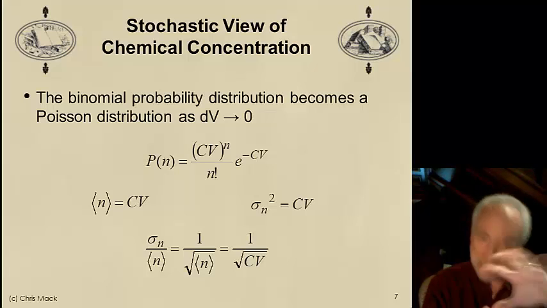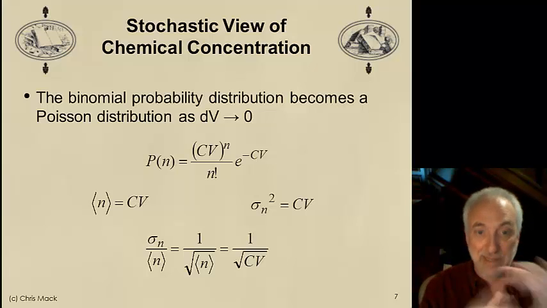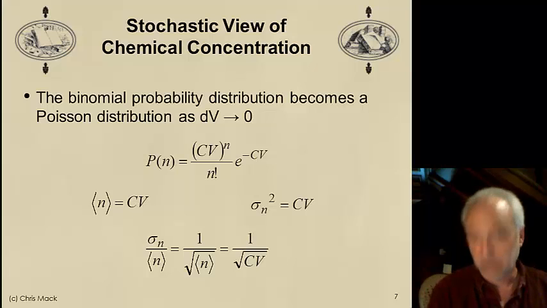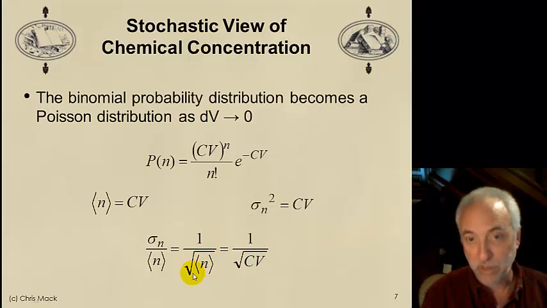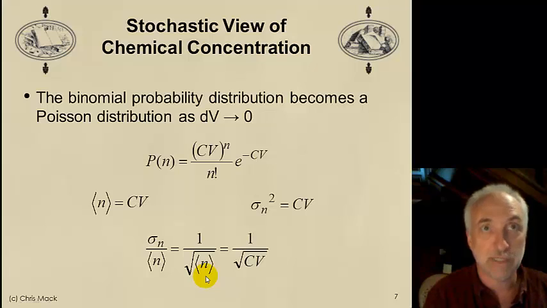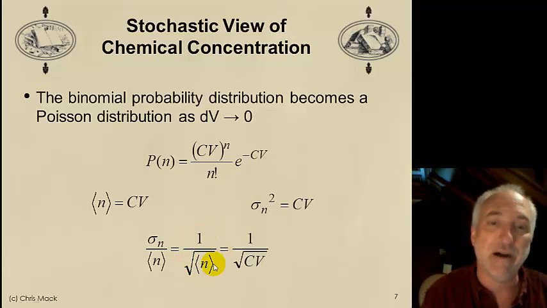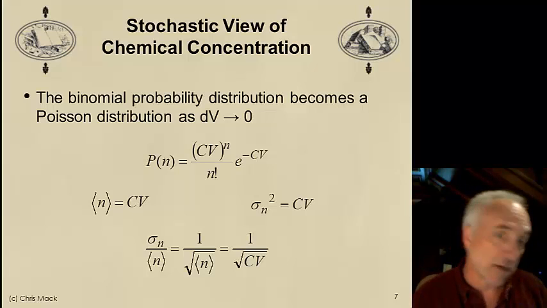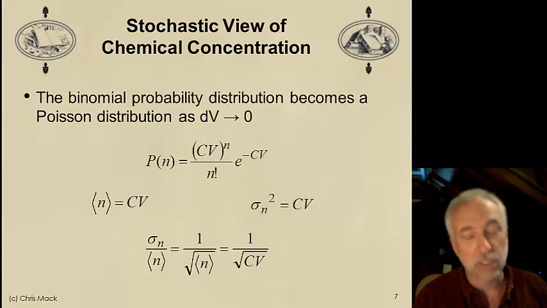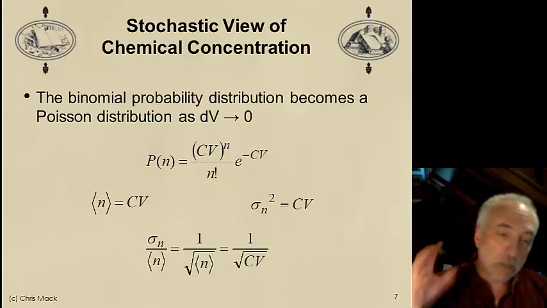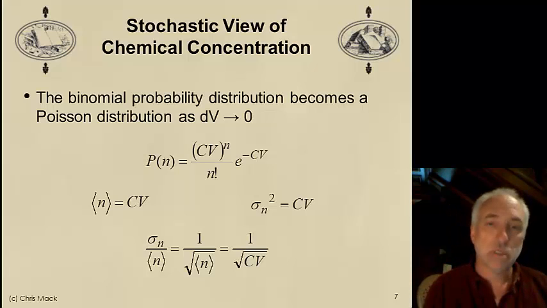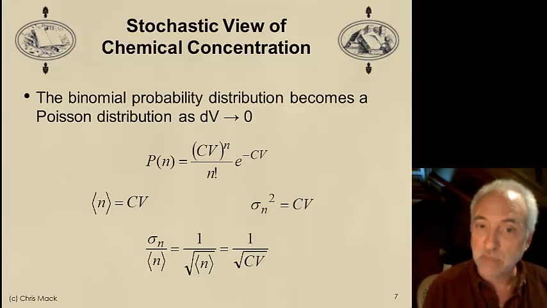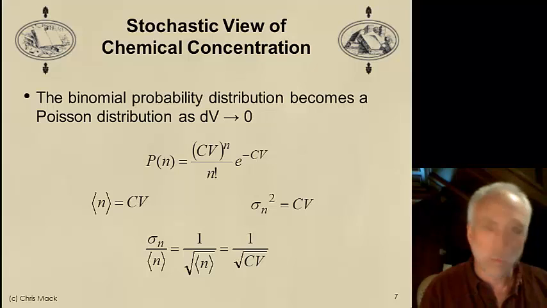So if I have these kind of macroscopic sized volumes where I have 10 to the 20 particles, well, 1 over the square root of 10 to the 20 is 1 over 10 to the 10th. That is an incredibly small number, far, far smaller than any measurement error I might have in trying to measure the concentration. In other words, for large volumes, large numbers, the stochastic uncertainty becomes negligible. We don't have to worry about it.